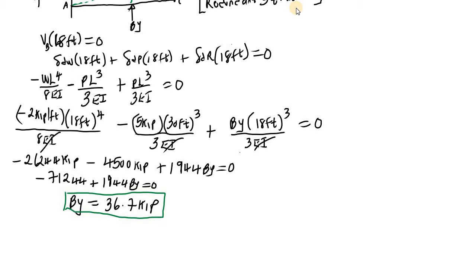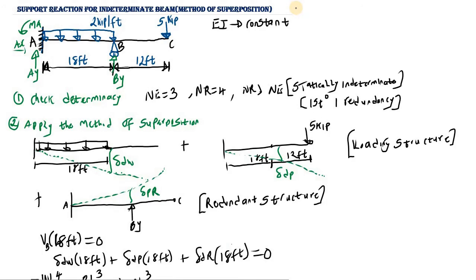Now that we know BY, we can easily get the other support reactions by using the equations of equilibrium. BY is equal to 36.7 kip.